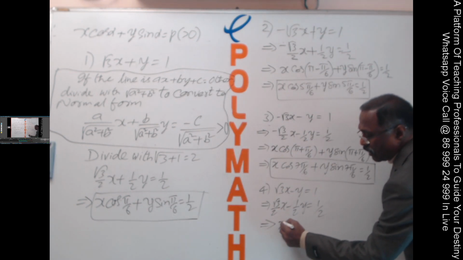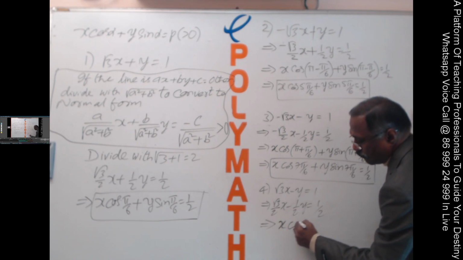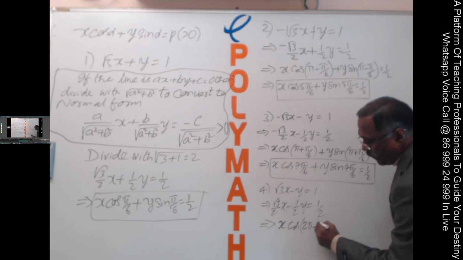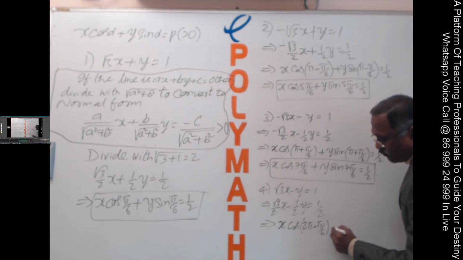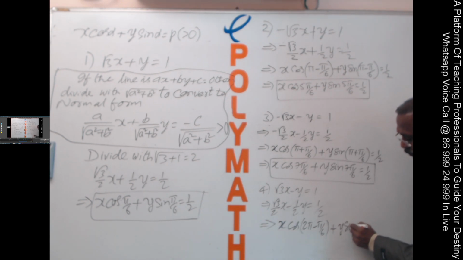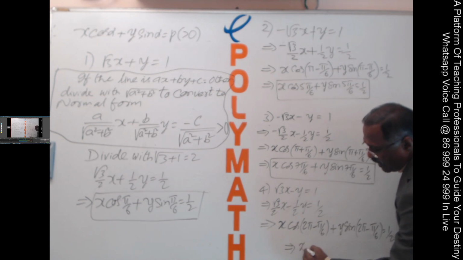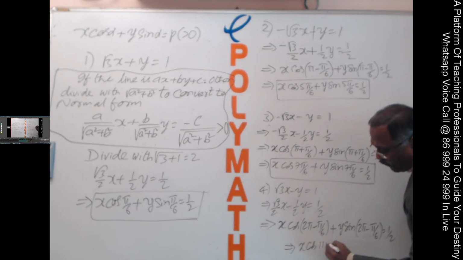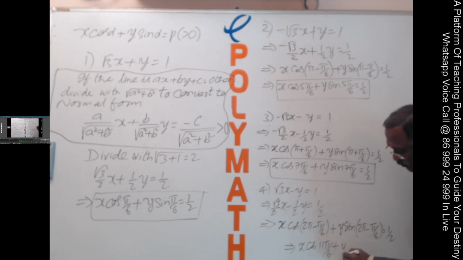Fourth quadrant: x cos of 2 pi minus pi by 6 plus y sin of 2 pi minus pi by 6 is equal to 1 by 2. Which becomes x cos 11 pi by 6 plus y sin 11 pi by 6 is equal to 1 by 2.